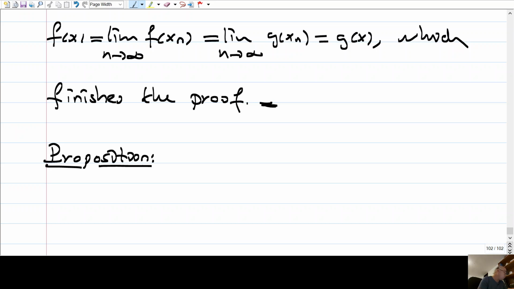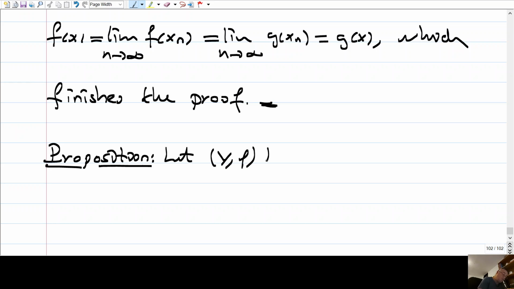And we will make use of almost everything we have built so far. You will realize this once I write down the statement.